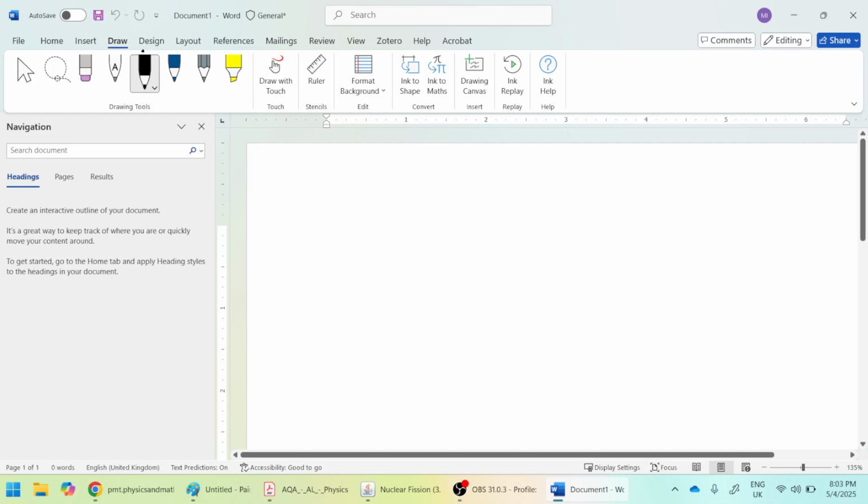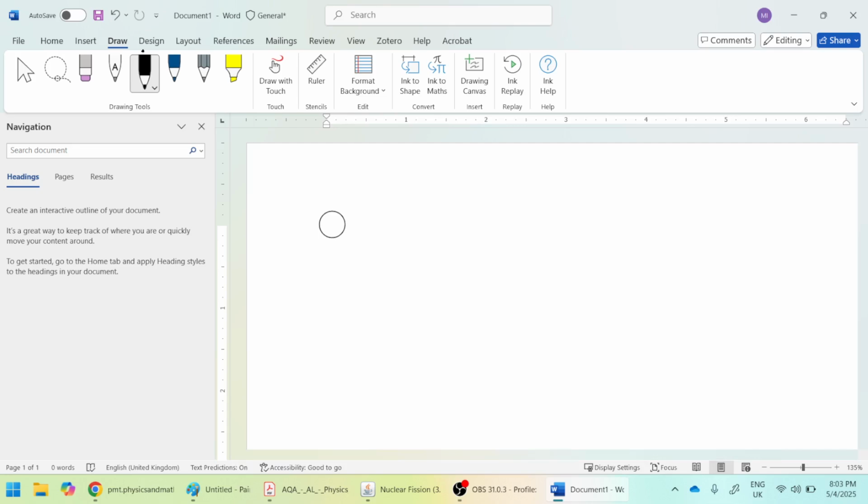Yes. So I'm going to start with saying this is equal to omega squared r. Omega is equal to square root of a over r. And then I'm going to make a little statement. I'm going to type this out.